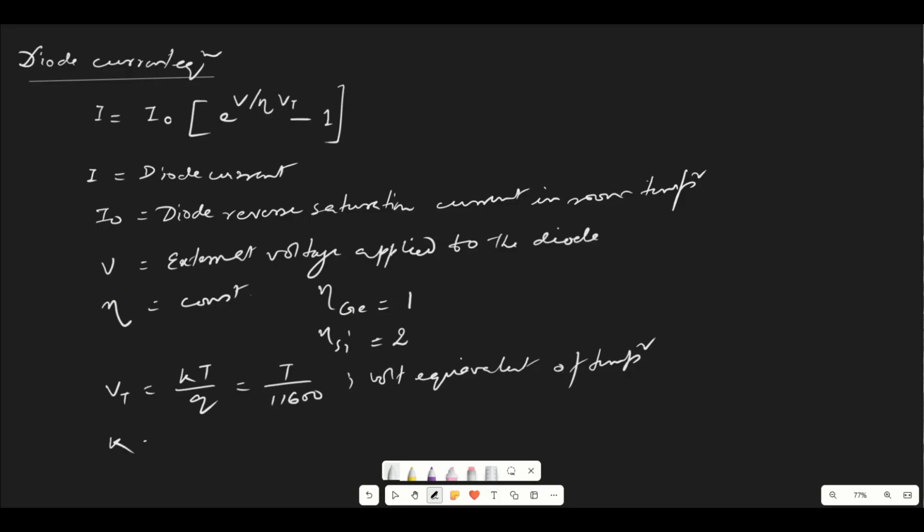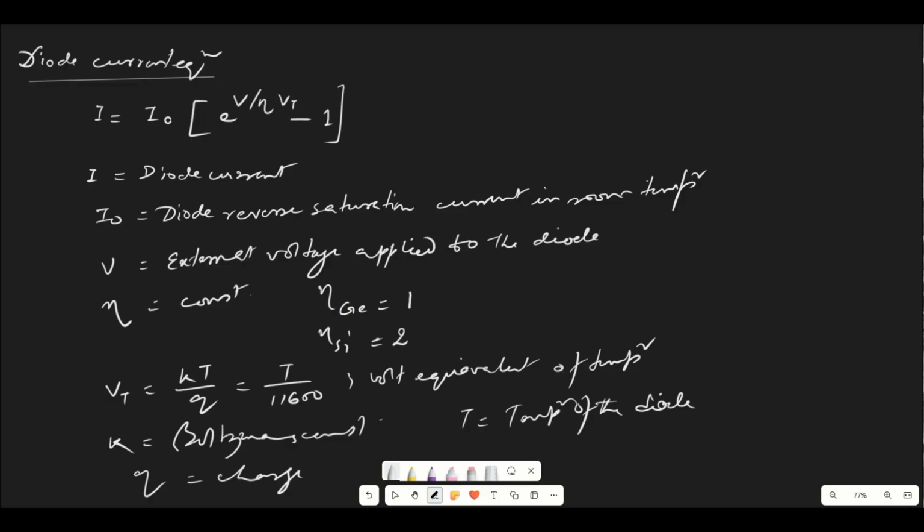Here obviously k is the Boltzmann constant, and Q, as we already know, is the charge of the electron. And finally we have T, which is the temperature of the diode. Okay. So this is representing the diode current equation.